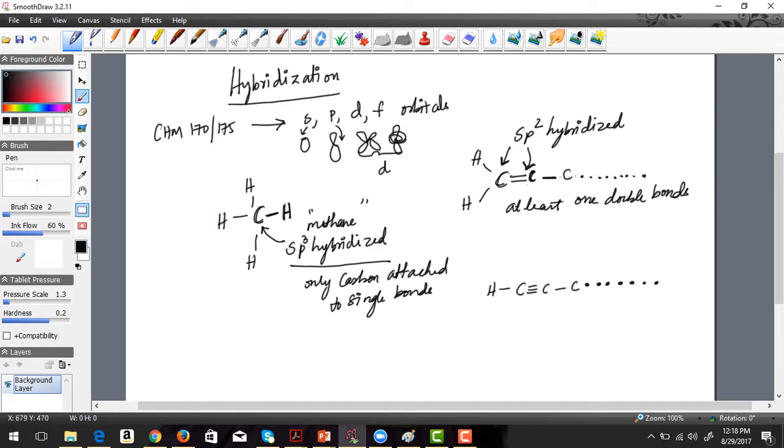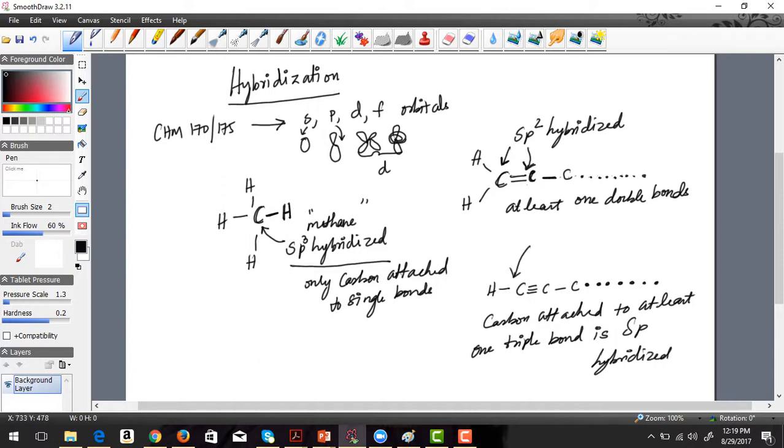Now if a compound contains a carbon attached to at least 1 triple bond, it is sp hybridized. So this carbon and this carbon are both sp hybridized.